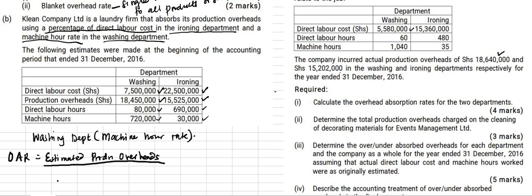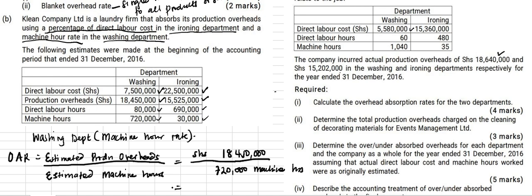The production overheads budgeted in the washing department are 18,450,000. Divide by the estimated machine hours, and those are 720 machine hours. So what is the overhead absorption rate?